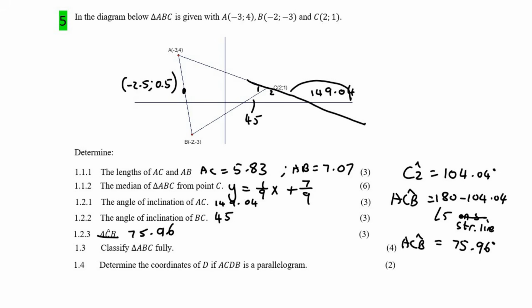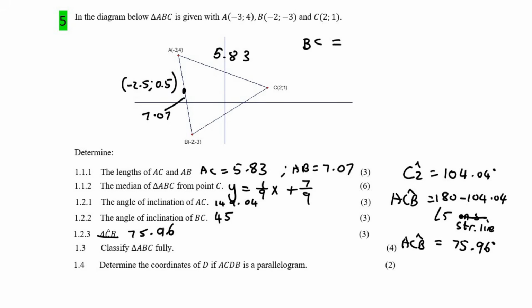1.3, classify the triangle. So they mean like, is it equilateral, isosceles, scalene, things like that. So we can look at the lengths. We already calculated that AC had a length of 5.83. We looked at that earlier. And then we looked at AB, which was here, and we said that that was 7.07. So we need to just quickly calculate the length of BC. We'll just use the distance formula. I'm going to use this as 1 and this as 2.